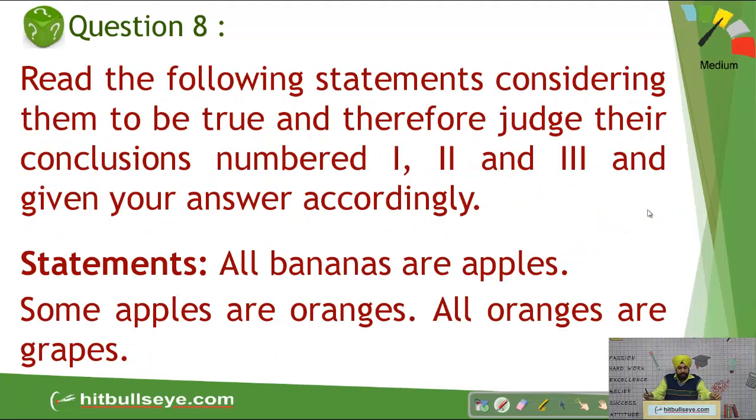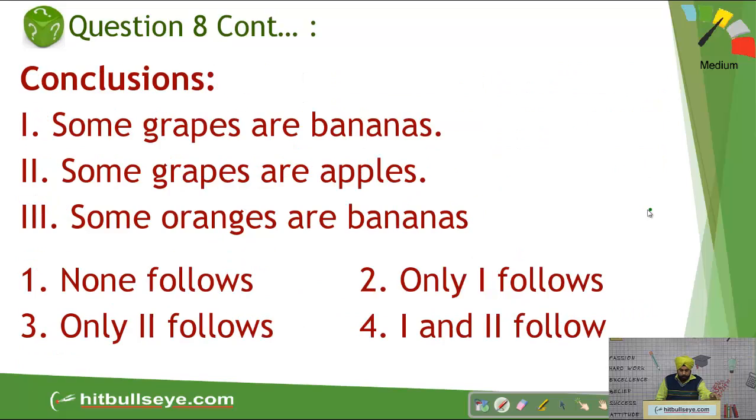Now, you can see this is a question on syllogism. So statements are given. Three statements are there, followed by the conclusion. The statements are all bananas are apples. Some apples are oranges.